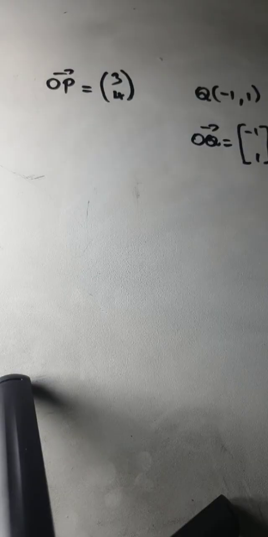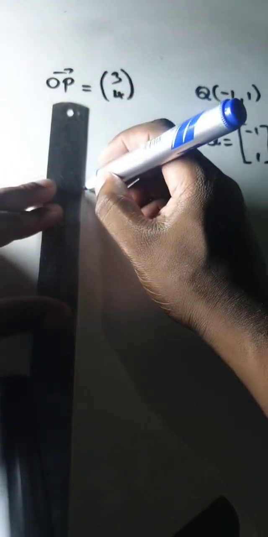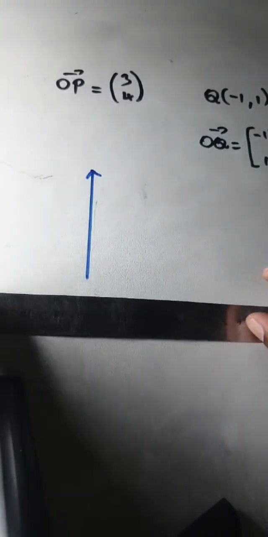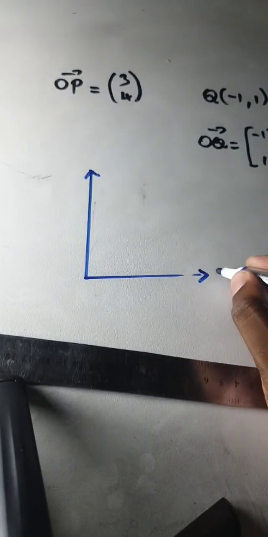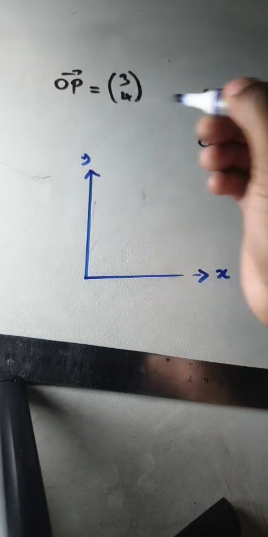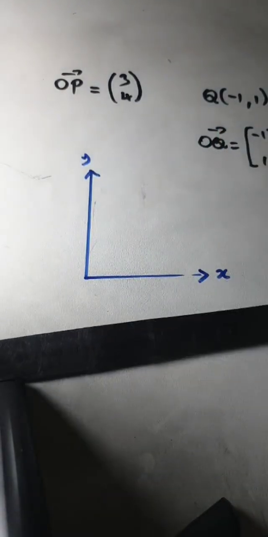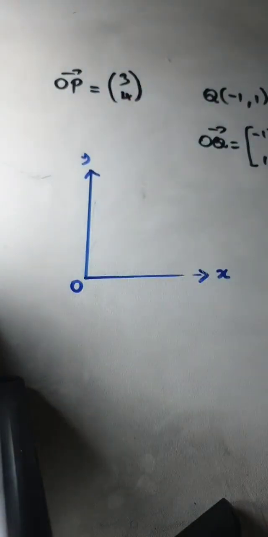Let's listen. Every position vector starts from the origin. All position vectors start from the origin, my genius friends. So we have the x-axis, we have the y-axis, and here is the origin.